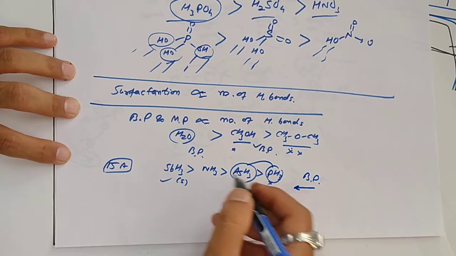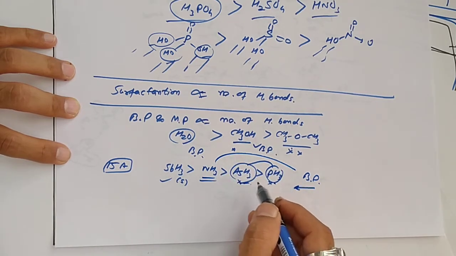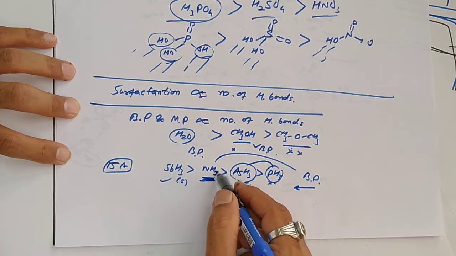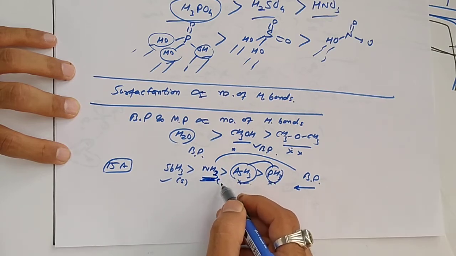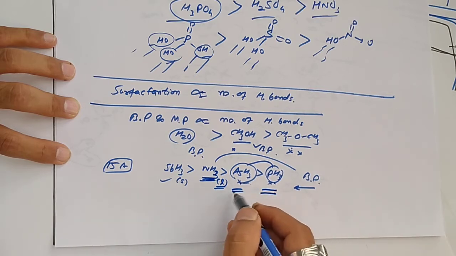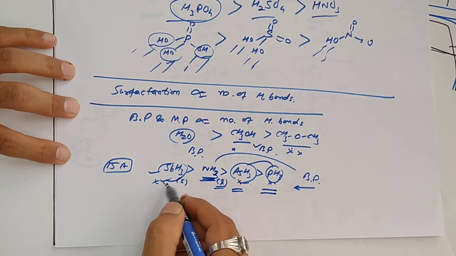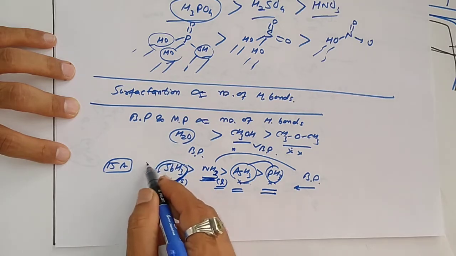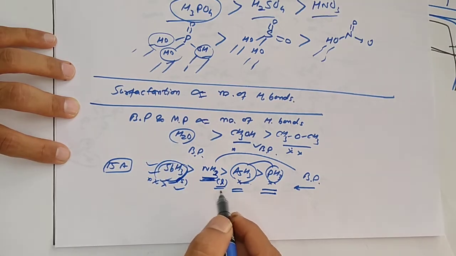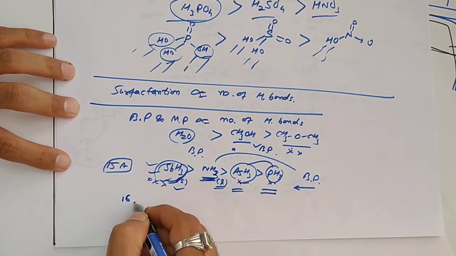So why ammonia? Ammonia has less molecular mass than these two, but ammonia possesses hydrogen bond, so its boiling point is higher than these two. Antimony hydride has no hydrogen bond, but molecular mass is very high and it is solid at room temperature.